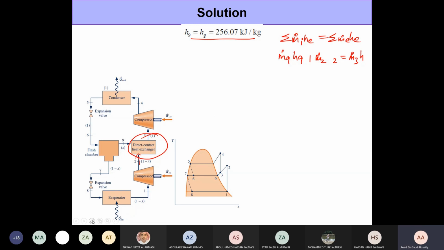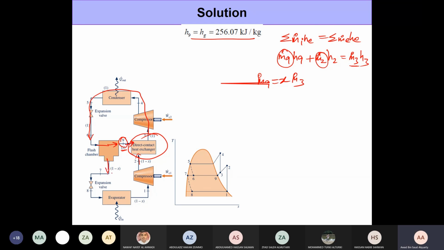Okay, so here we can write m dot 9 and m dot 2 in terms of m dot 3. If you look at m dot 9, it is basically the vapor part, right? So m dot 3 is what goes through here, and it is the same as m dot 6, and some part of it, x times m dot 3, goes to the direct contact heat exchanger.